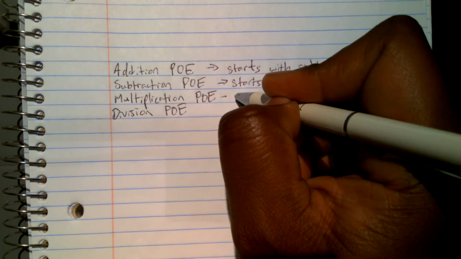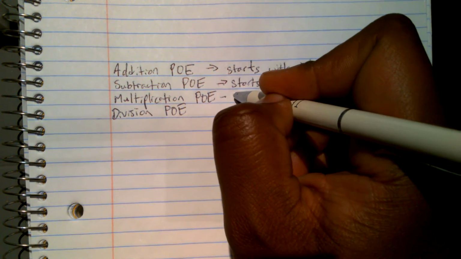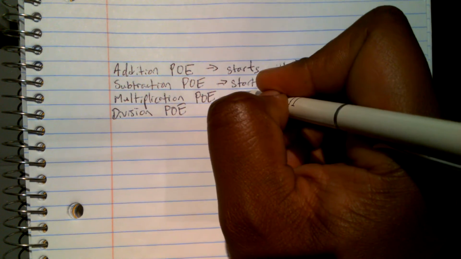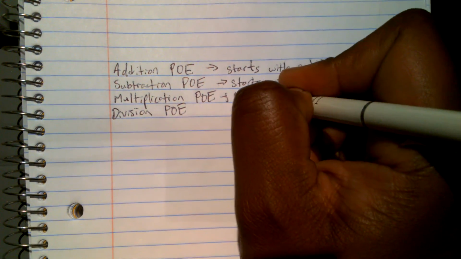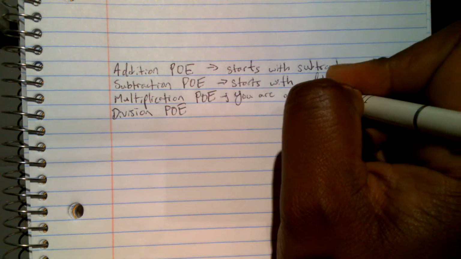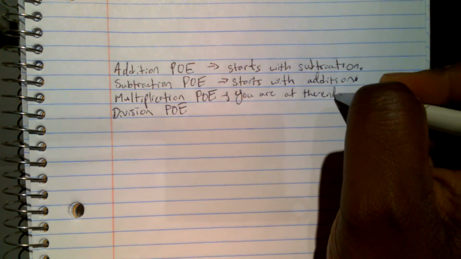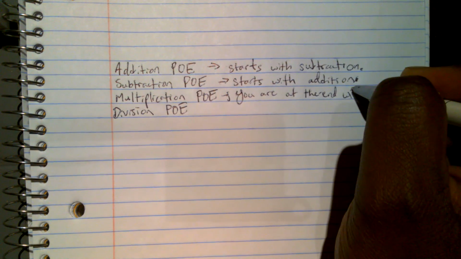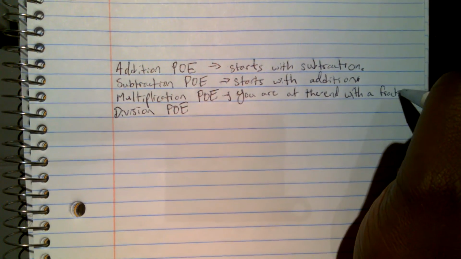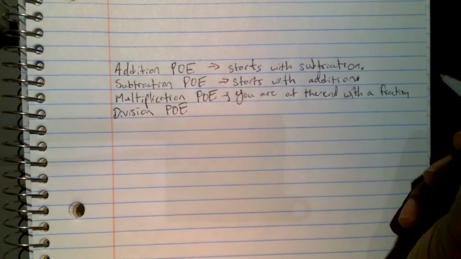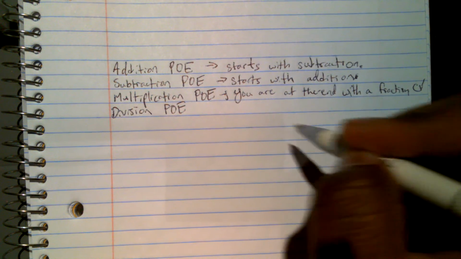Multiplication, I will say you have a fraction. You are at the end with a fraction coefficient variable pair, okay?